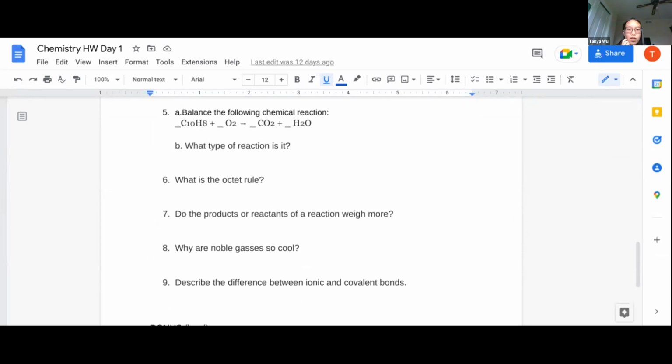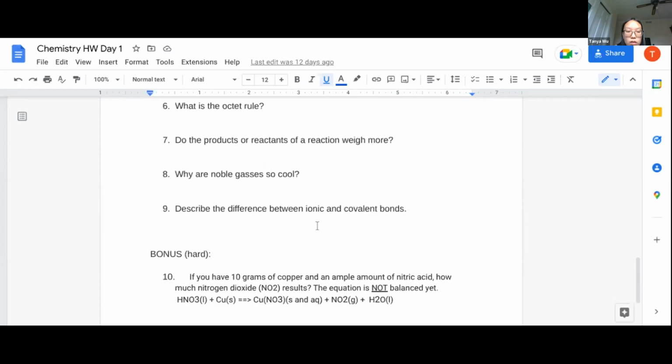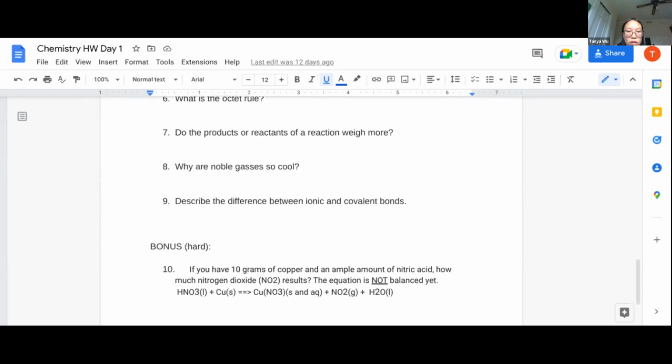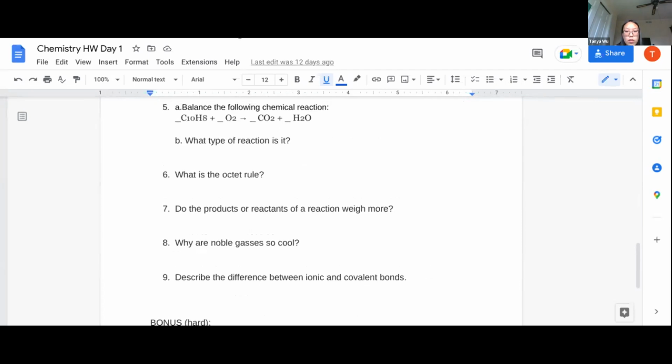Balance the chemical reaction. This one should take a while, but you guys can figure it out. Okay, I haven't checked this one yet.